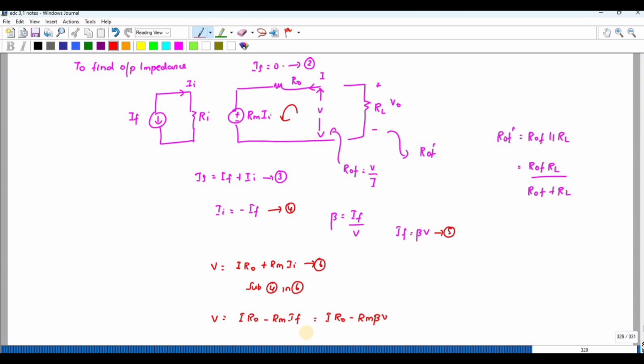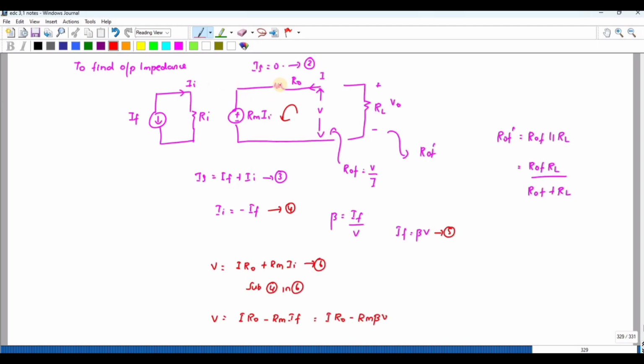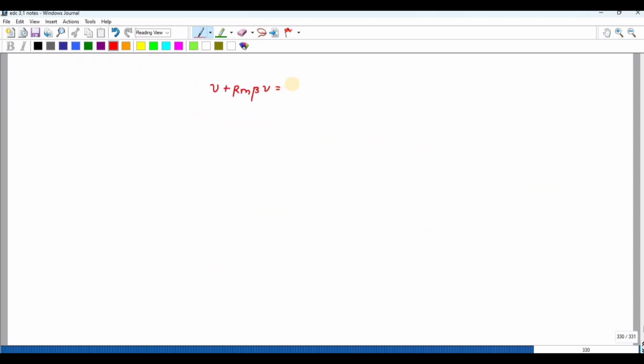Okay, so you take this Rm beta V to the left hand side, you will get V plus Rm beta V is equal to I into R naught.